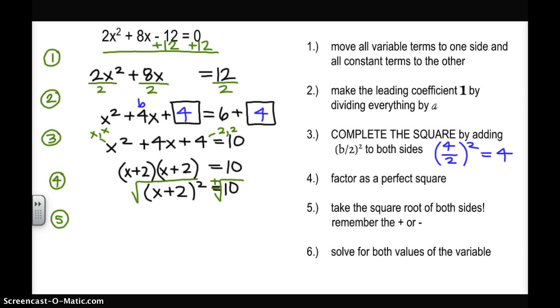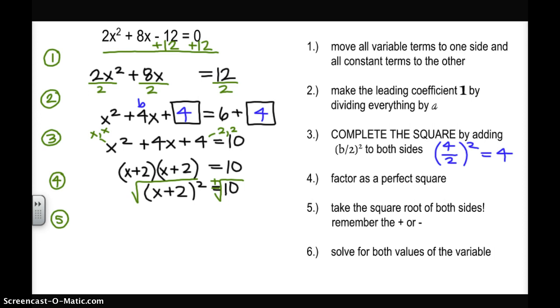The square root of 9 is 3, because 3 squared is 9, but negative 3 squared is also 9. The square root of 10 times the square root of 10 is 10, and the negative square root of 10 times the negative square root of 10 is also 10.